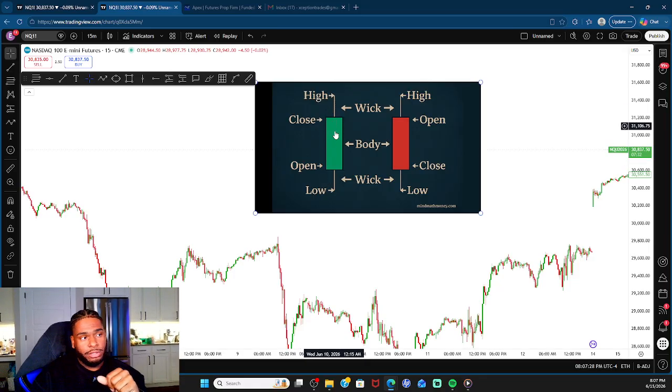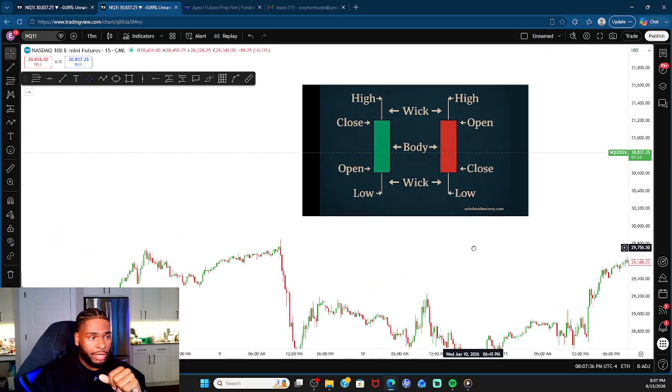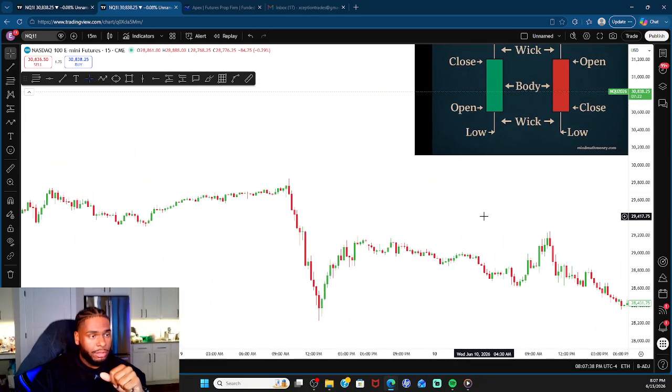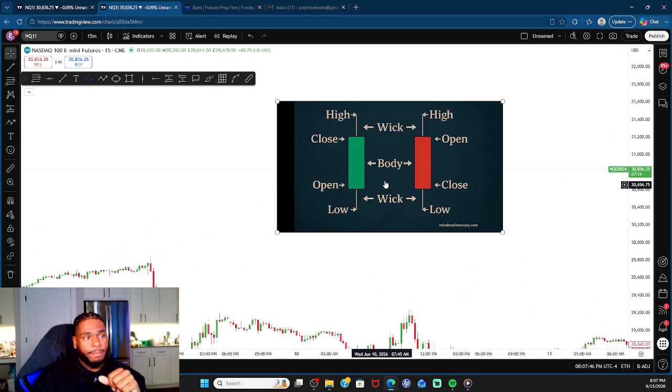Your wicks are the little skinny tails coming out of it. Even in the real market examples, you see how wicks are coming out of our candles, the skinny wicks coming out of the thick bodies. Now we have a wick high and a wick low.